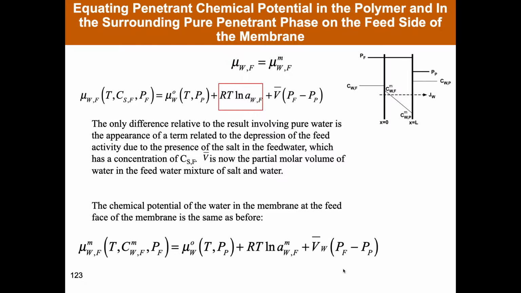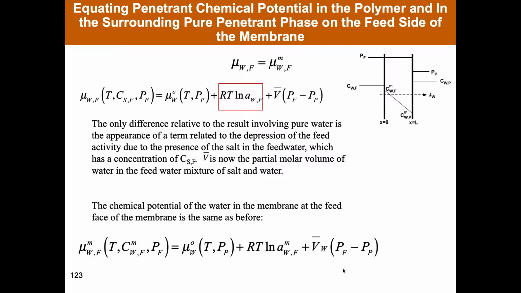And I've been showing throughout this a slightly anatomically incorrect picture of the concentration profiles, showing that the concentration of water in the feed was slightly lower than that in the permeate. That picture is now correct when there is a solute in the feed, and that solute concentration is higher on the feed side than in the permeate side.